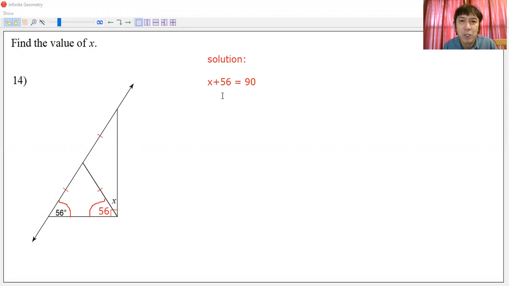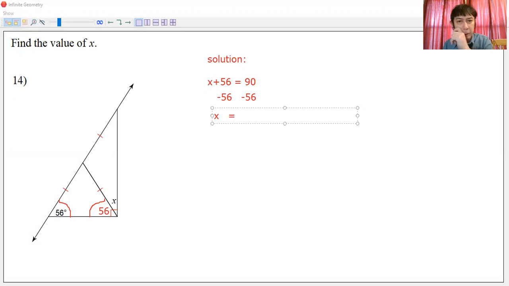All right, and so we can just solve for x here, by subtracting 56 from both sides. x is equal to how much?